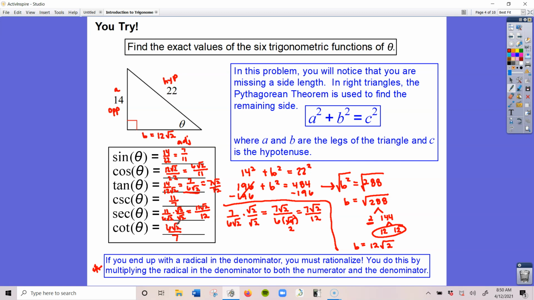Now, if you forget to do this, that's totally okay. If you end up flipping 7 square root of 2 over 12, you get 12 over 7 square root of 2, which then you would have to rationalize. So we would multiply square root of 2 to both the numerator and the denominator. And we would get 12 square root of 2 over 7 times 2, right?